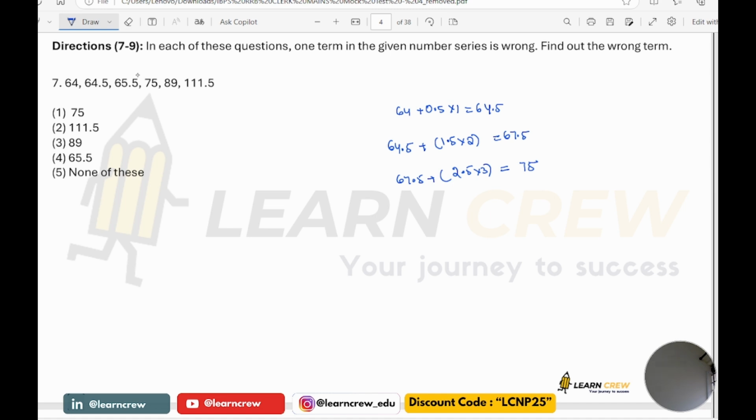So here 65.5 is the wrong term. Here you should have 67.5, then 75. So 75 plus 3.5 into 4 is 89. So the wrong number is 65.5.